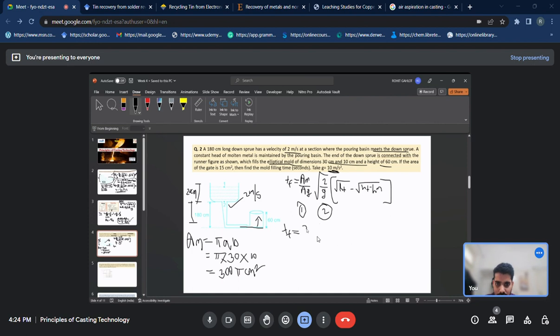Then T filling will be 300 pi, divided by area of the gating, which is given as 15 centimeter square, times g times root 2 by g, in centimeter per second square, times root of total height 180 plus 20, so 200, minus root of 200 minus 60.